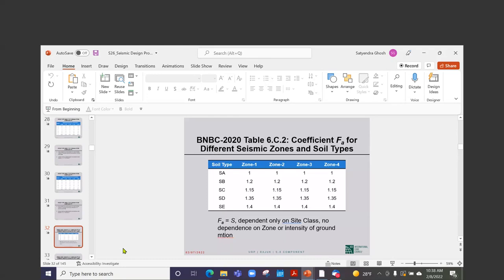Probably he is asking if the fundamental period is... I don't understand the question because you don't know the earthquake that will come. So whether the period of your building will be in the resonant range or not, you do not know. Earthquake ground motions are very different. So I do not quite understand the question.